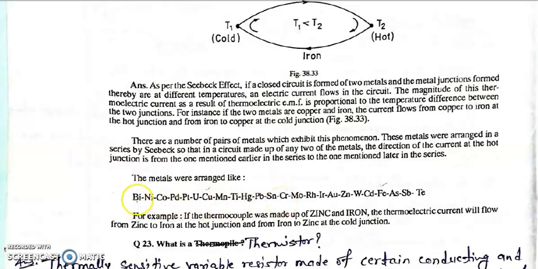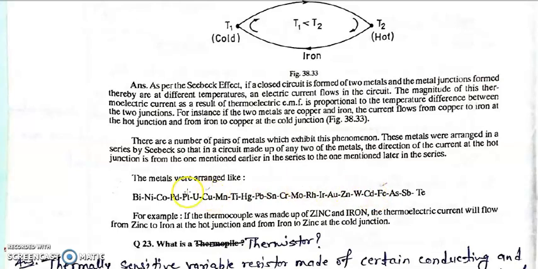If we form the thermocouple using beryllium and nickel, then the temperature difference will produce very little voltage. But if we join this nickel and this arsenic, which have a large gap, then a large voltage will be produced.